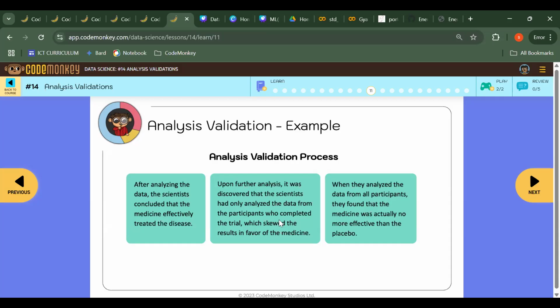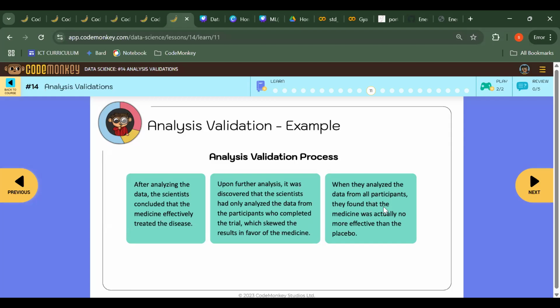They analyzed only a portion, some part of the study, and so they concluded that the medicine is good. Once they collected and analyzed the real data, what they found is that the medicine was no better than the fake one, and they concluded it was not helpful.